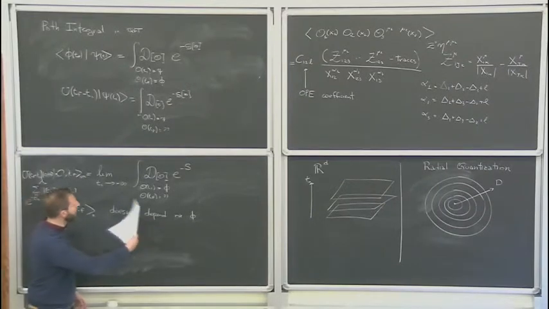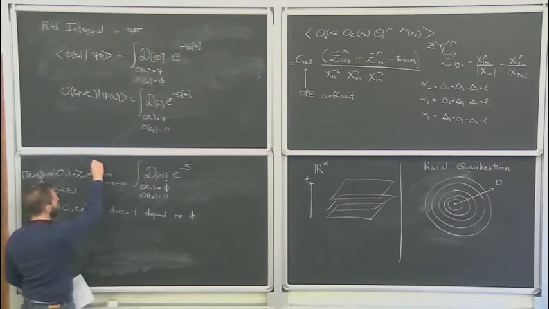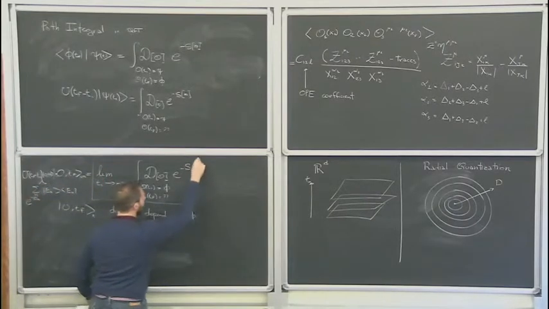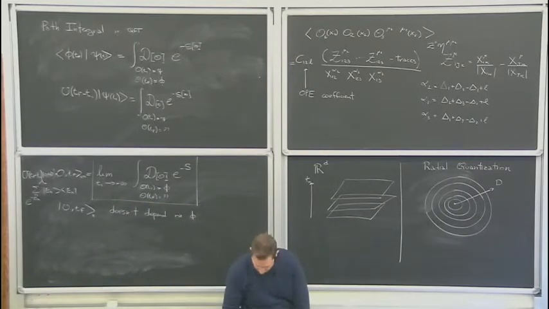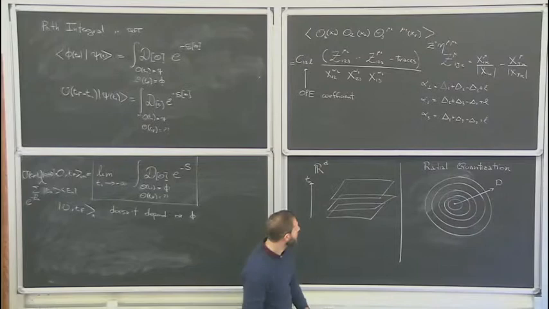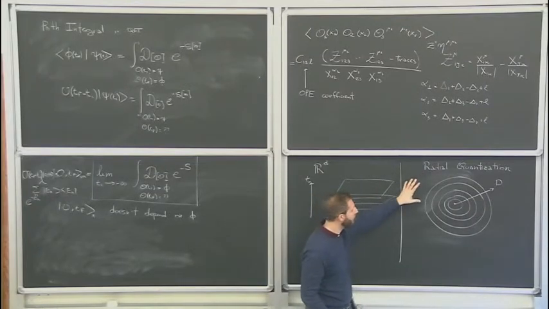So now using the path integral, you can define a vacuum state in this very nice form. Okay. So let's now go back to our case of interest, which is the radial quantization.